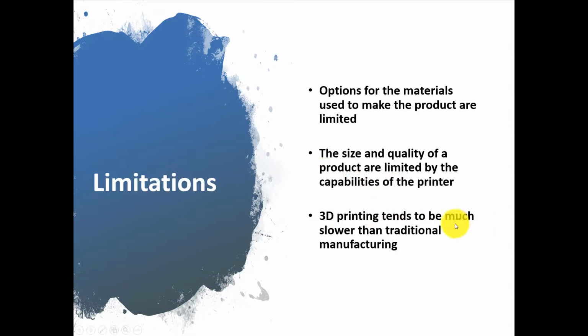Third, 3D printing tends to be much slower than traditional manufacturing, at least until now. So it's okay to print a component for an airplane or for a kind of super hyper sports car, but if you want to do that for a Volkswagen Golf, I think conventional manufacturing is still a better option. But that might change in the future. It's just a question of how long it will take.